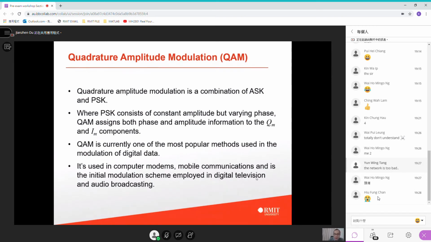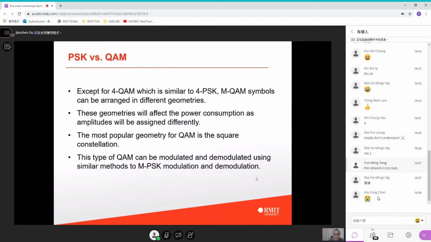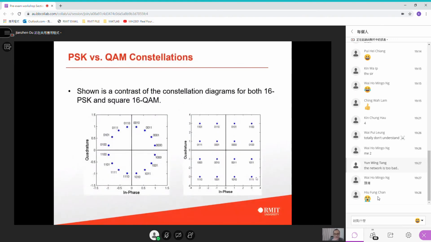So how does it look? Let's go to here. This is much better, isn't it? For 16 PSK, you get 16 dots within the whole diagram. You can see it's a circle, so each point to the origin shares the same distance.